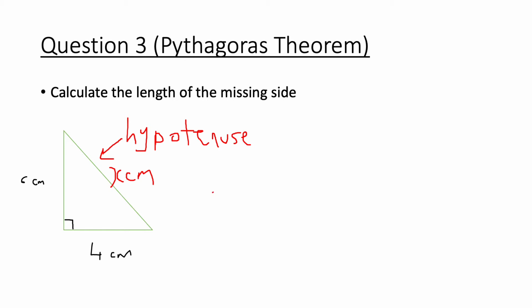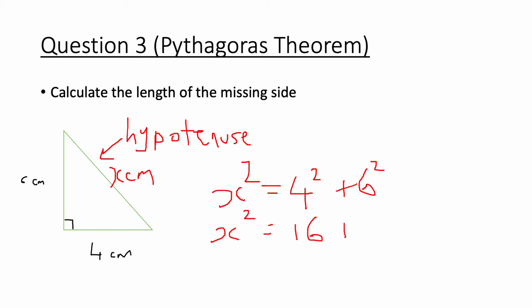So x squared equals 4 squared plus 6 squared. So it's squaring the shorter lengths. So this squared plus this squared equals this length squared. So simplifying this, I'm going to get x squared is 16 plus 36, which gives us 52. So x squared equals 52.